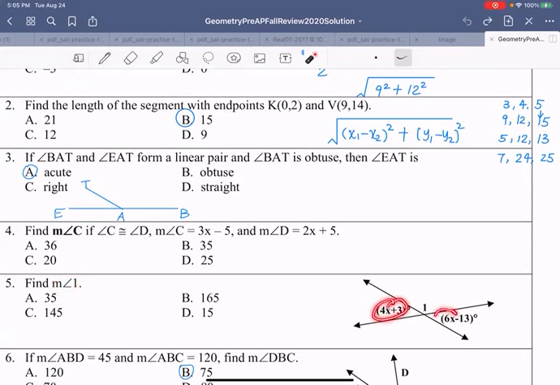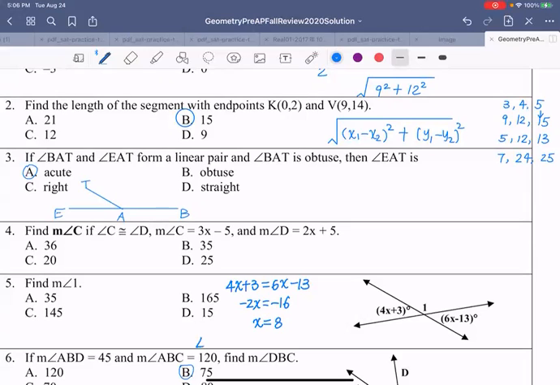We first solve the equation to find the x. Go ahead, please. So x plus 3 equals 6x minus 13. Next, negative 2x equals negative 16. So x equals? 8. There you go.